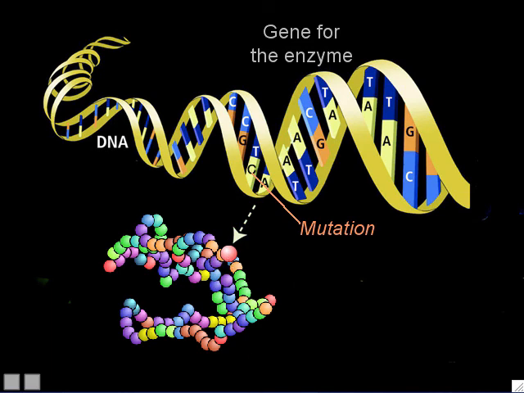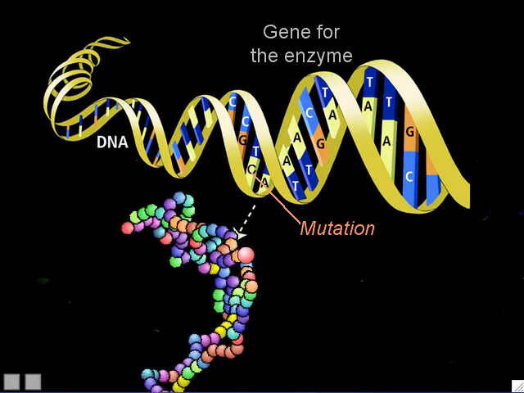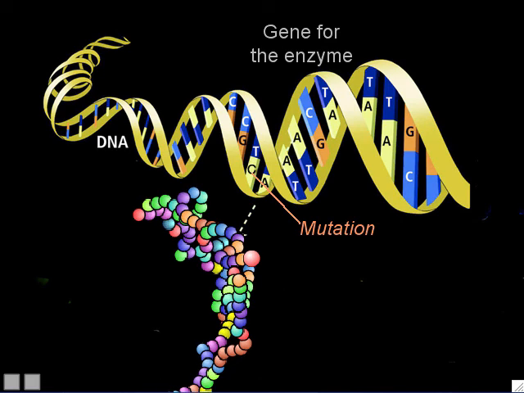And as it turns out, the sequence, the order of the amino acids in a protein is important for the protein to fold properly. So if there's a mutation in the gene, that can cause a change in the amino acids of the protein. And if there's a change in the amino acid sequence, the protein can denature. And so that enzyme is going to obviously have a lower activity.